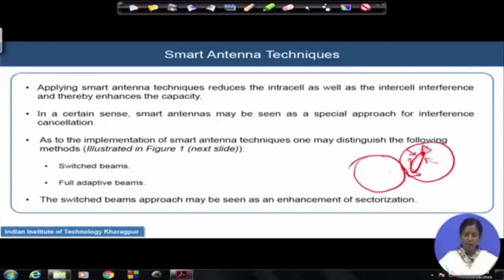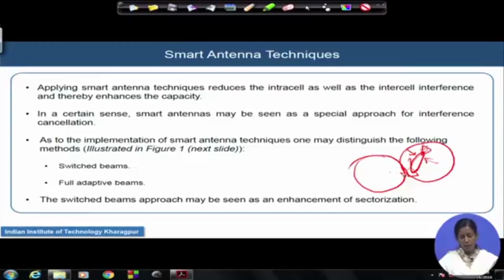So, when the smart antenna technique is applied over the base station, it can control the intracell interference, and if it is applied in the mobile station, then it can handle not only the intracell but also the intercell interference. Same thing for the base station, because from base station to base station also some interference may come in certain situations, but if you are focusing the beam towards your wanted direction, then you can really control the intercell interference also.